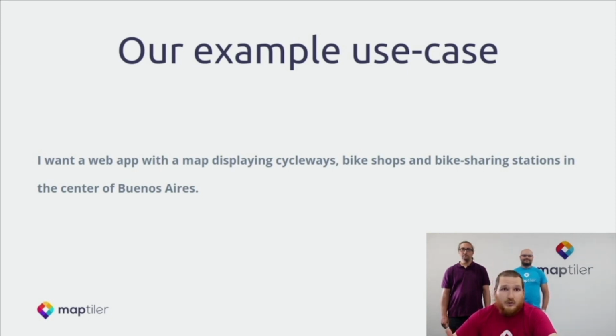That's why I want to add some points of interest. I want to add points with bike shops. I want to add bike sharing stations. And because I am super lazy, I want to know how far these points are from the nearest cycleway. There is a simple and, let's say, advanced solution. Here we'll show you both of them.